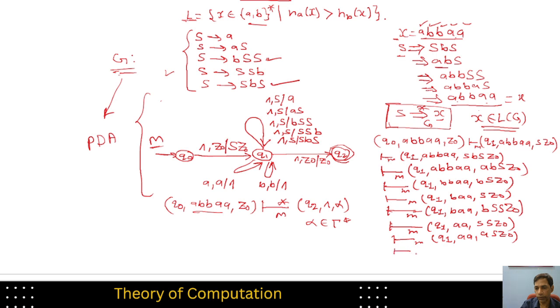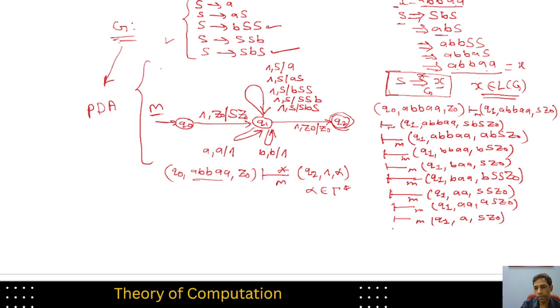Now from this configuration, now you can see that you are at the state Q1, input is A and top is also A, so you are deleting, and remaining input becomes now A to read, and here the stack contents becomes as Z0.